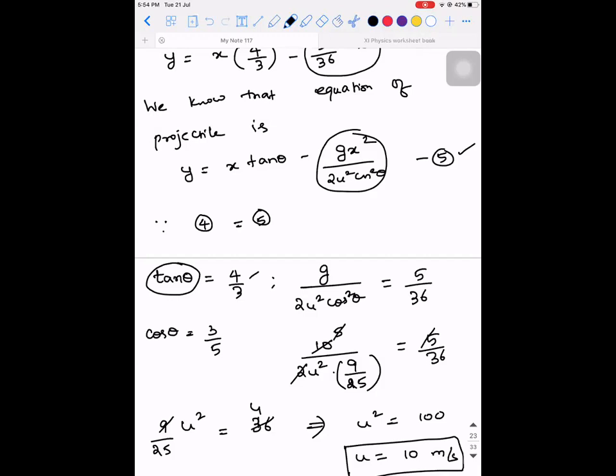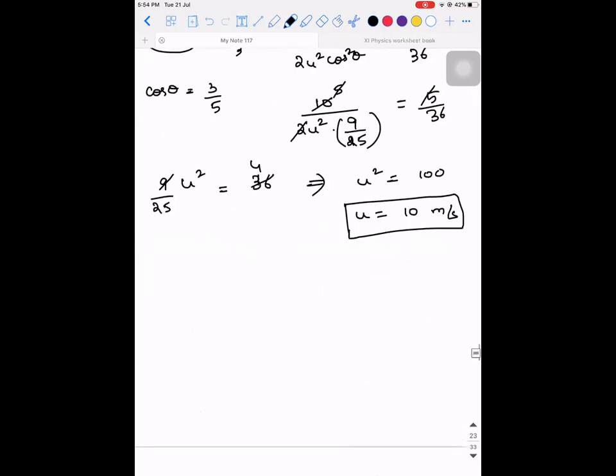Okay. If you're done with this, I'll teach you the alternate method also. So look at the alternate method. Before I explain this, recollect the parallelogram law of vectors.